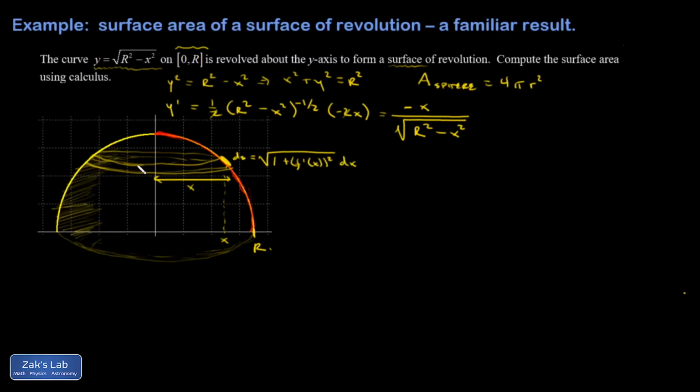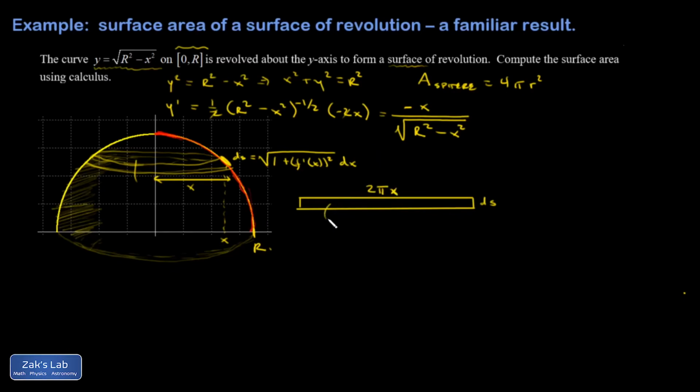So let's slice and unroll this little ribbon. And the thickness there is ds, and the circumference is 2 pi times the radius, so 2 pi x.